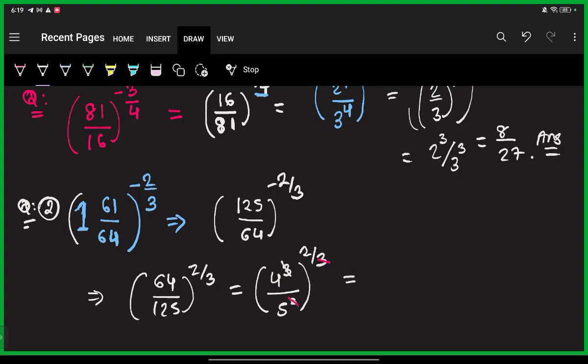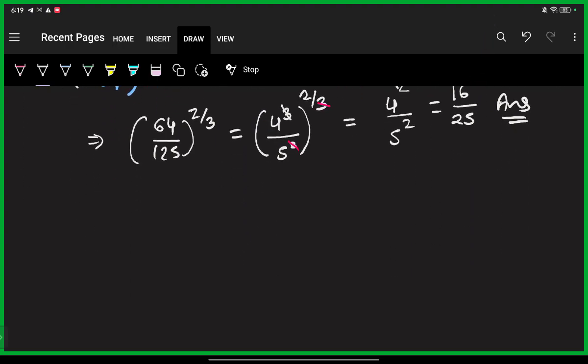Yes, sir. So it will come out to be 16 square by 5 square. Yes or no? 16. Yes, sir. That's the answer. Good. Yes, sir. Let's solve question number 3. Sorry, 2.